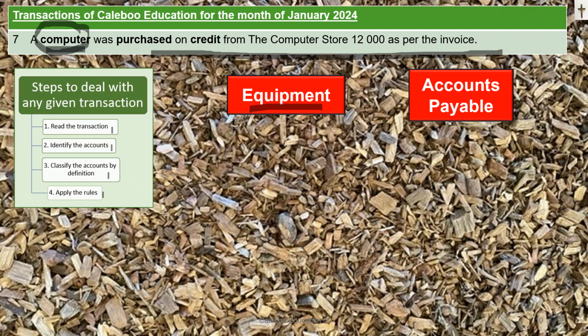If computers were bought on a regular basis, computers could actually have its own account, and you could call it computers. But for this example, I'm putting it under equipment. It doesn't matter. It's not that serious because a computer is an asset and equipment is an asset. Now we bought this on credit, so we're going to have accounts payable.